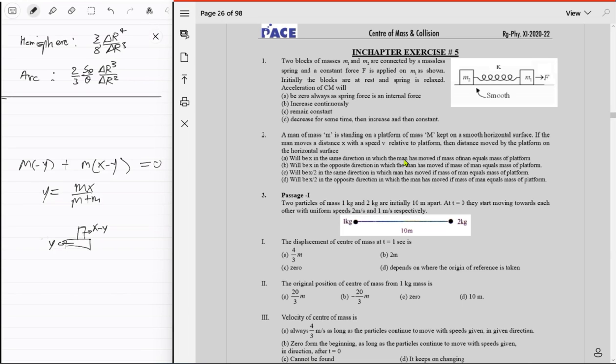So as seen by the platform, he actually moves by x, because the platform's position changed by negative y, so this position changed by x minus y with respect to the ground, and with respect to this guy's position it actually changed by x. Yeah, that should be the thing. But I'm being like, this is correct, and that's not there for some reason. x upon 2? Where did it actually say that small m and capital M are the same, right?